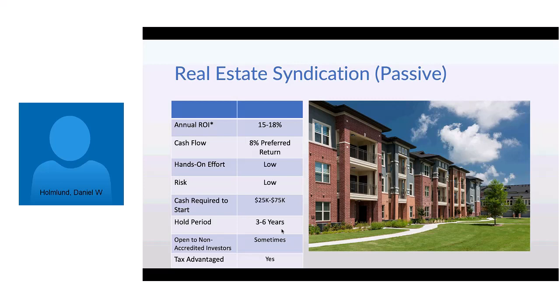Real estate syndication is a truly passive way to invest in real estate, because as the capital contributor you have limited liability, hence being a limited partner, meaning you can only lose up to what you put into the investment.